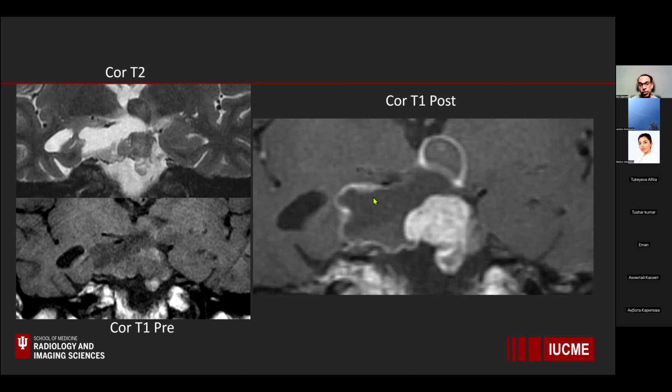But it's also important to know that there can be areas that are T2 dark and not solid, as you can see here, this peripheral enhancement of this cystic area. So this is indeed a cystic area, it's just not bright on T2 because it has more proteinaceous contents in that space. So it's really the T1 post-contrast sequence that makes the difference as to what's solid and what's more cystic.